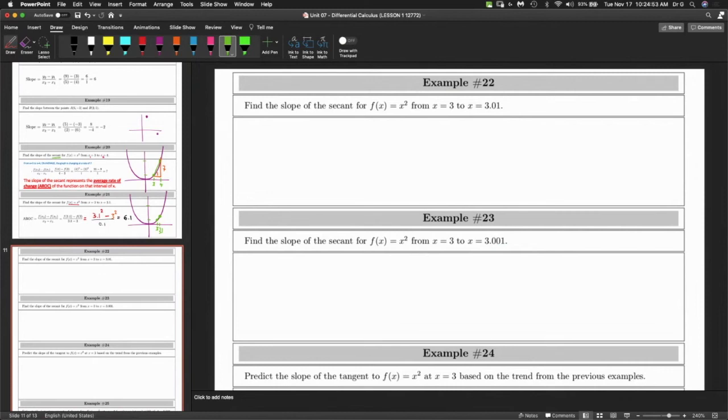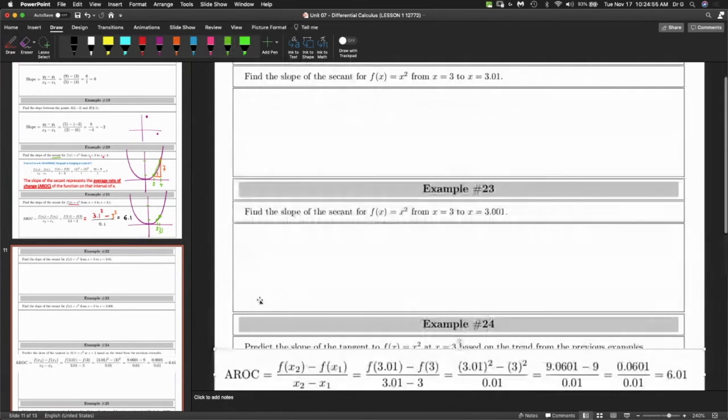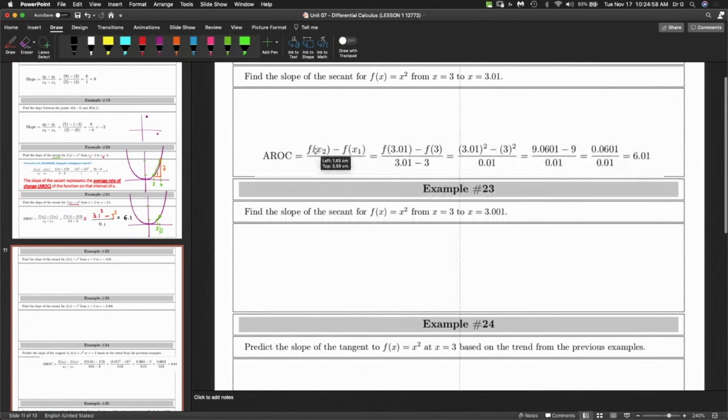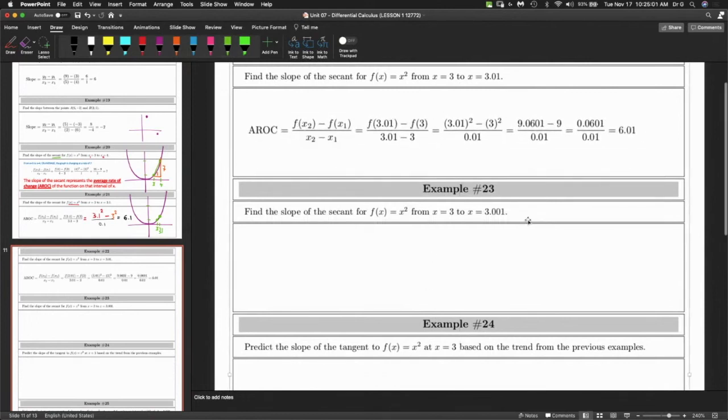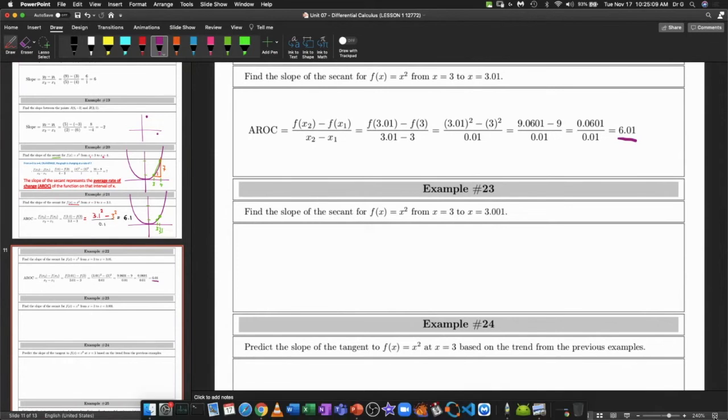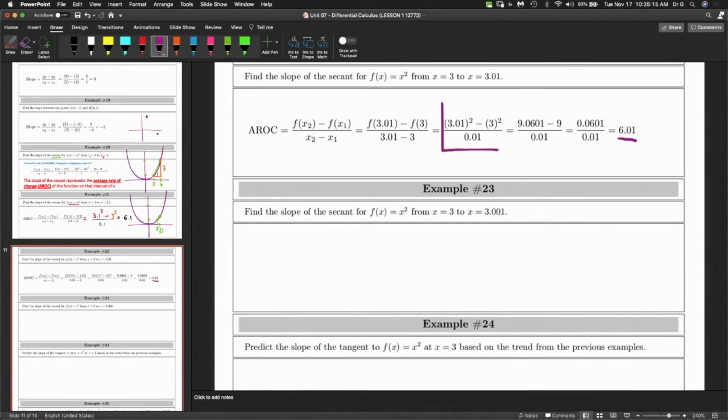So if you plug in 3.01 into this process, you're going to get 6.01. The key step is right here, the one that I drew in color on the previous example. And if you plug in 3.001 for the second point, you'll get even closer.